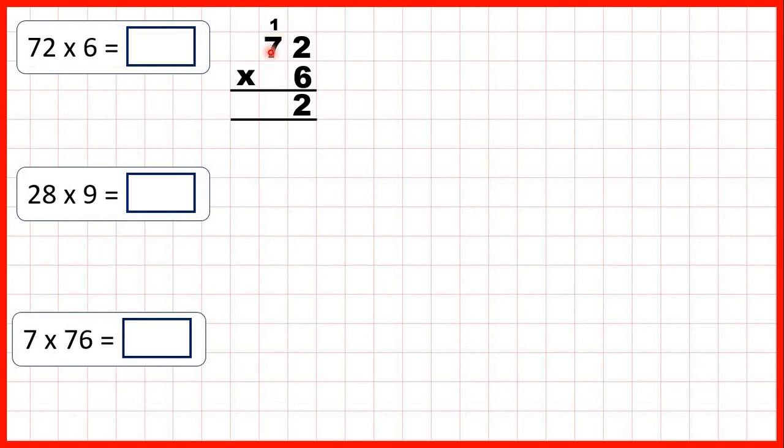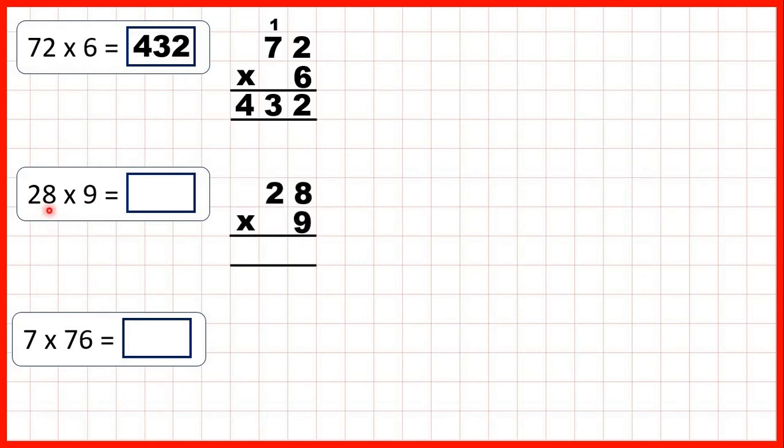Then we have 7 times 6, which is 42, but what we need to do now is add the 1 that we've written on top. So 7 times 6 is 42, plus 1 is 43. Now here, we don't have any more digits to multiply, so we can just write the 43 in our answer line. So our answer is 432.